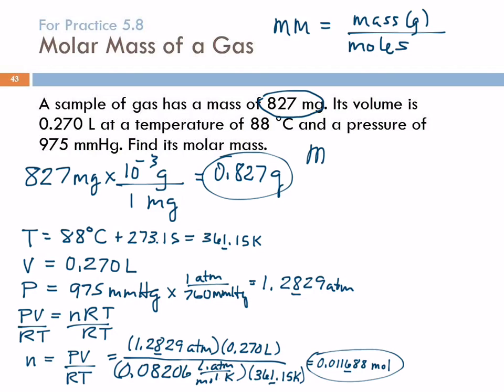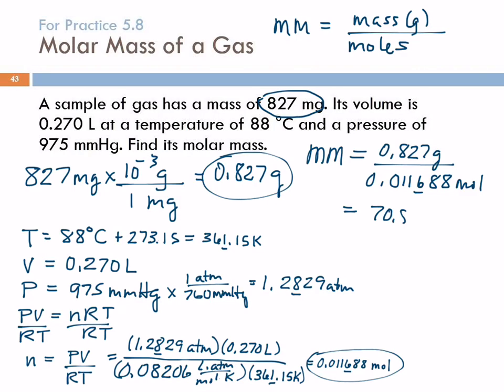So the molar mass is going to equal the mass in grams, 0.827 grams, divided by the number of moles, 0.011688 moles. 0.827 divided by 0.011688. This is my final answer, and so I can round here, and I'm going to get 70.8, and the units are grams per mole.